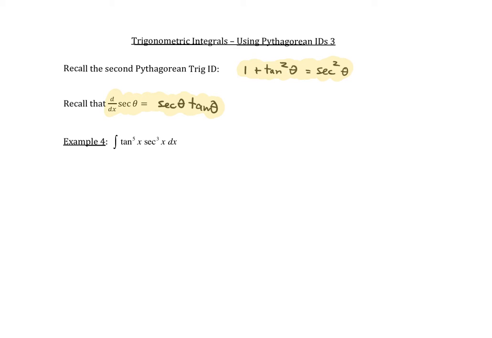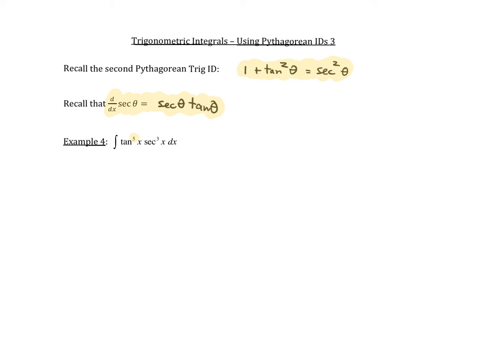So when we look at example 4, we can see that we have another integral involving both tangent and secant. This time, I want you to pay special attention to the odd power of tangent. So here we have tangent to the 5th power of x times secant cubed x.